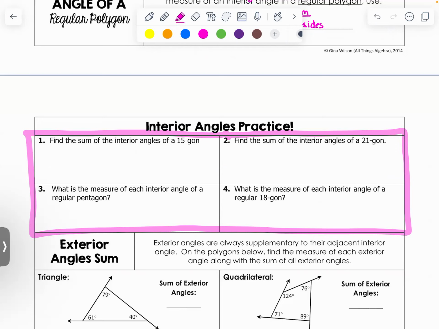So in number 3, you need to figure out the sum of a pentagon, and then since it's regular, we can divide by that number of sides.